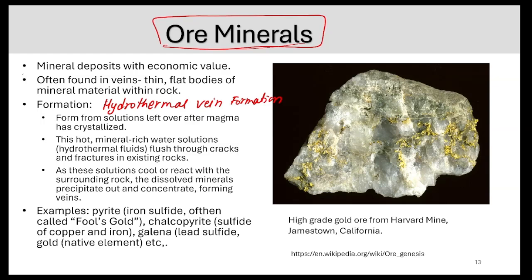Basically, hot, superheated water solution known as hydrothermal fluid, coming from volcanic magma, dissolves minerals deep within the crust. These hot fluids then rise through small cracks and fractures in the cooler overlying minerals, forming a distinct hydrothermal vein.